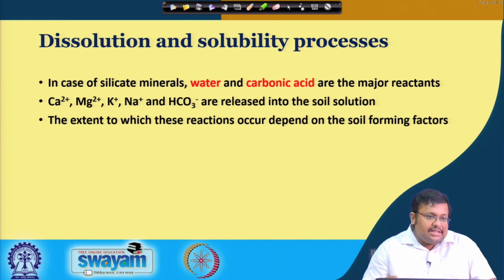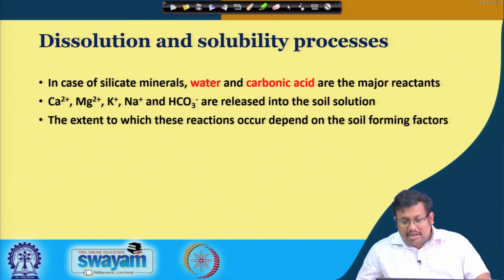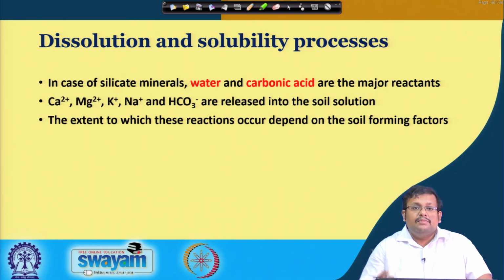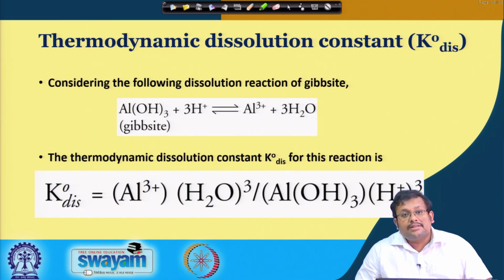Obviously, the presence of different climatic conditions, whether there is a warm and humid climate, whether there is a presence of mild acids exuding from the plants, or the presence of other factors, and topography also determines the dissolution and solubility process.